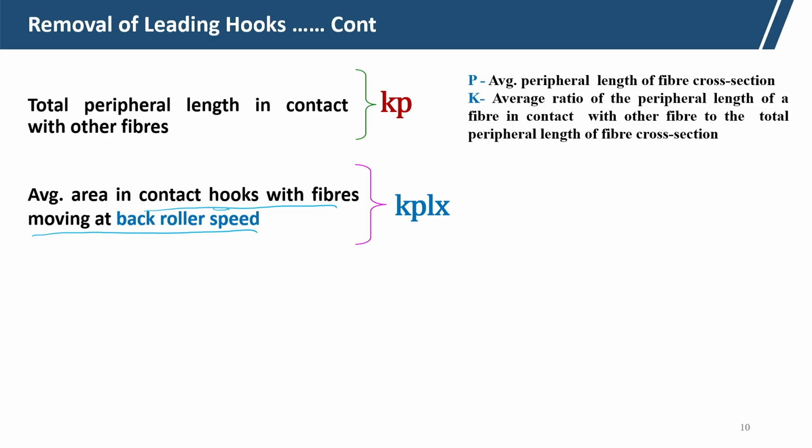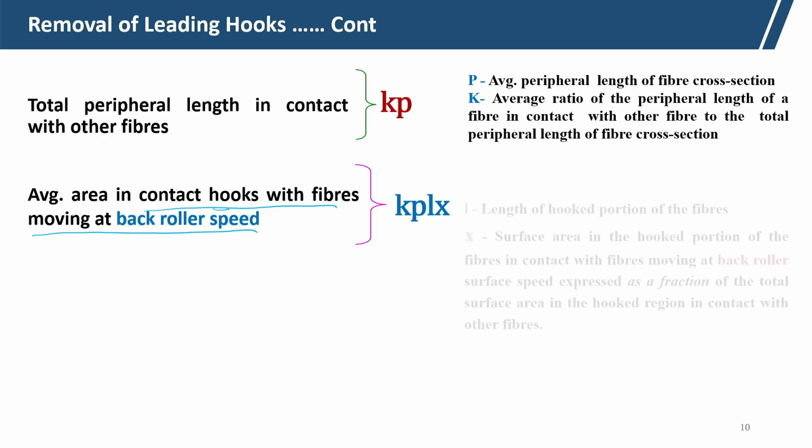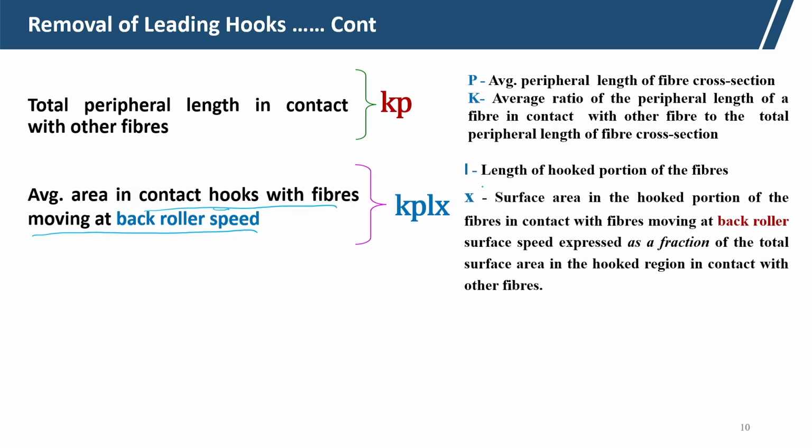At the speed of the back roller, L is the length of the hook portion of the fiber and x is the surface area of the hook portion of the fiber in contact with the fibers moving at back surface speed, as a fraction of the total surface area of the hook. So, if we multiply by L and x, Kp Lx is the average contact area of hooks with the fibers moving at the back roller speed.